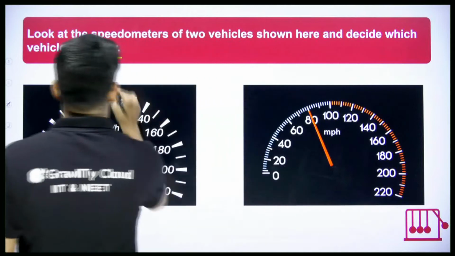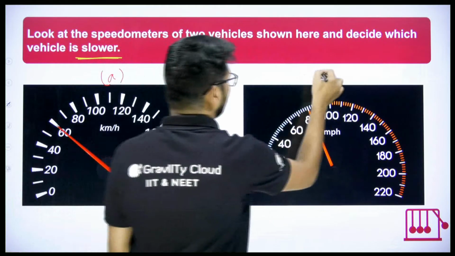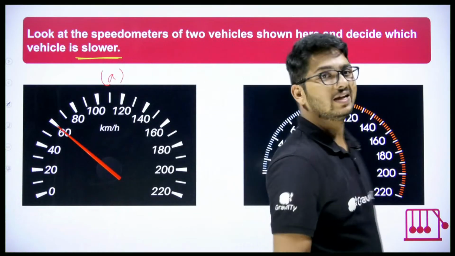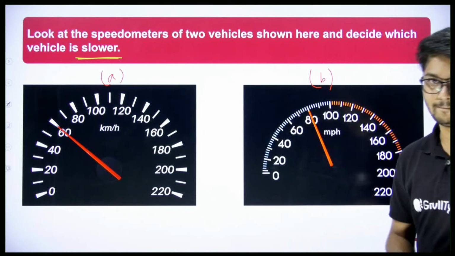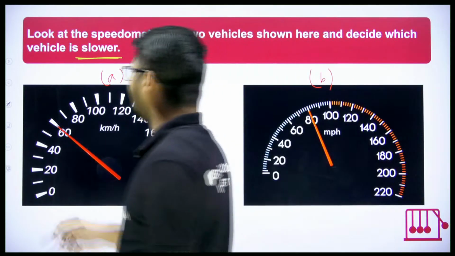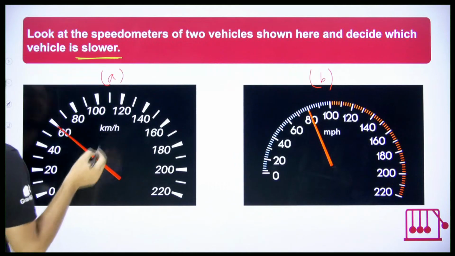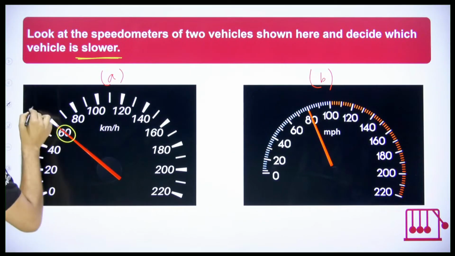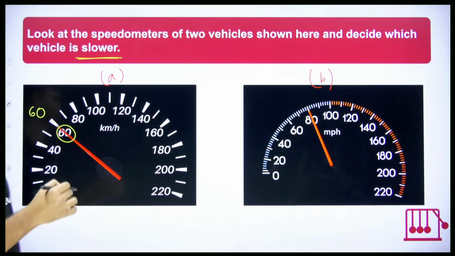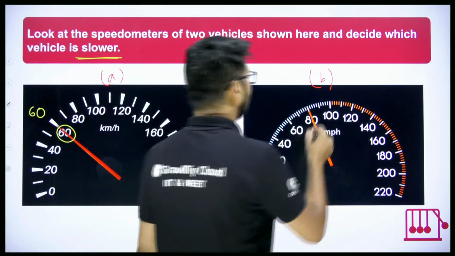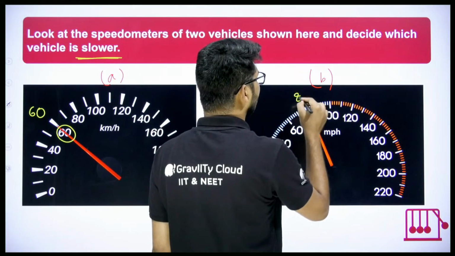Which one? If I call this A and this B, which vehicle is slower, A or B? Everyone, vehicle A is showing us how much speed? It is showing 60 kilometer per hour. And what is vehicle B showing? It is showing 80.